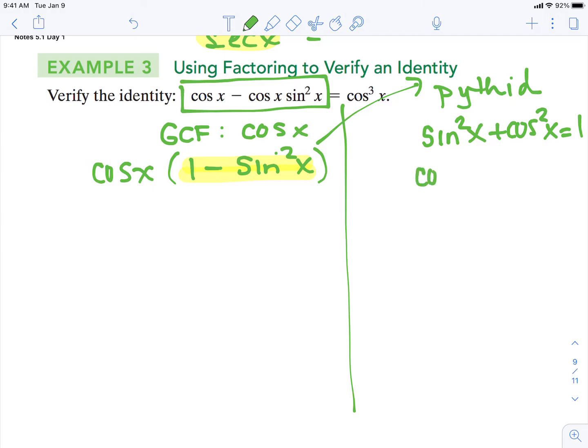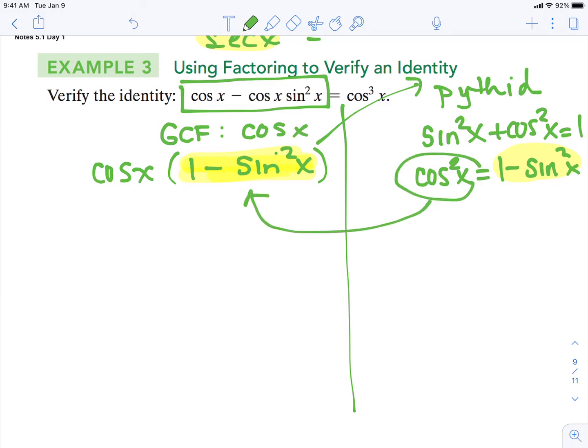So I'm going to keep the cosine squared of x on the left, and then I'm going to subtract sine squared of x. So this is what's left in that parentheses off to the left. So now we can replace it right there with 1 minus sine squared of x.